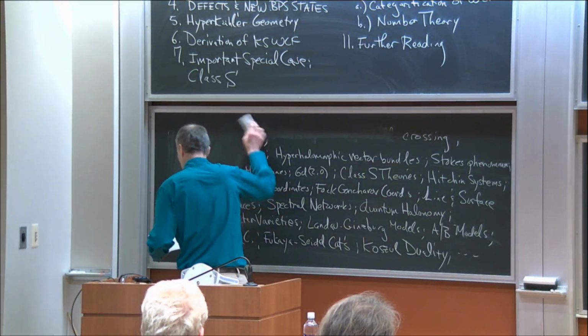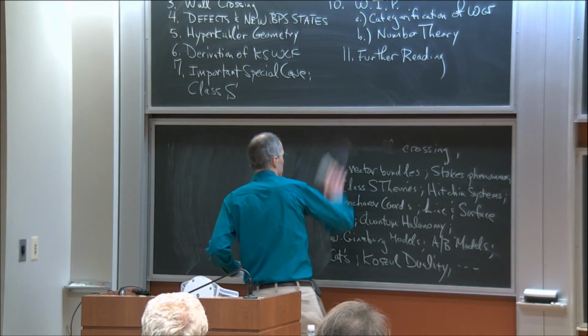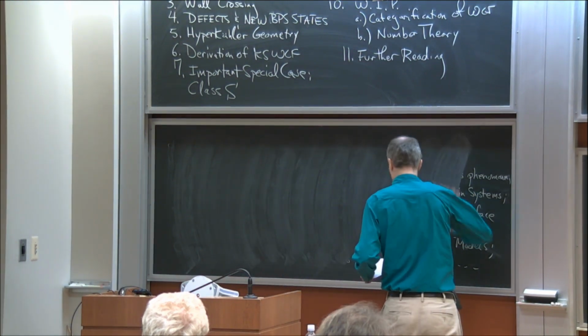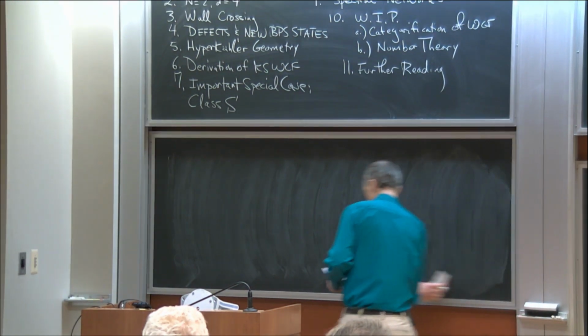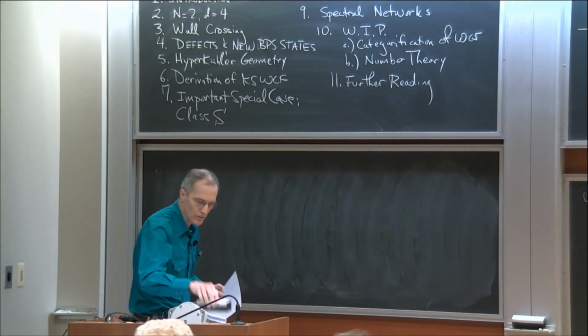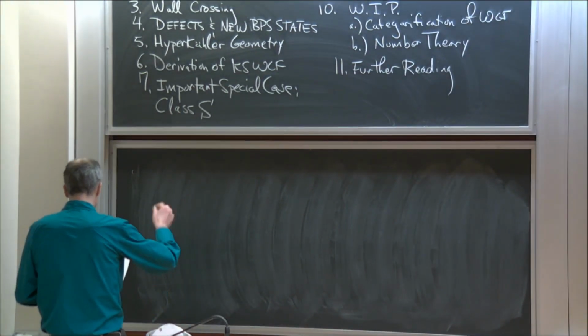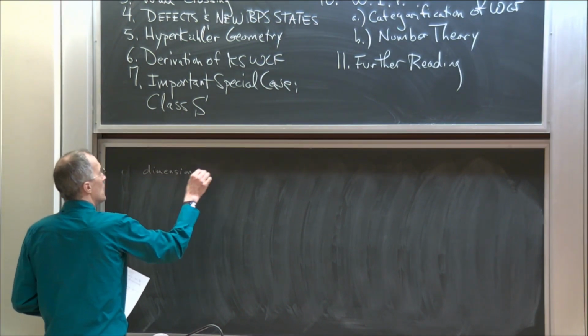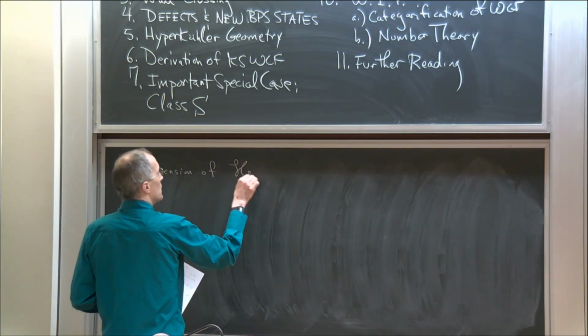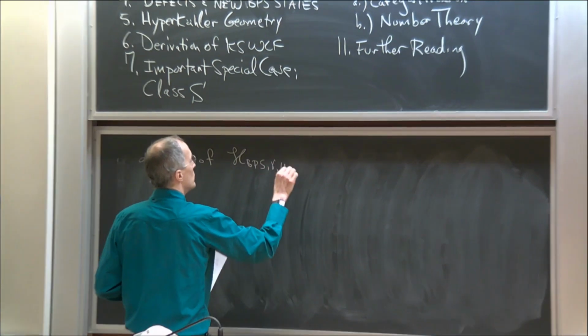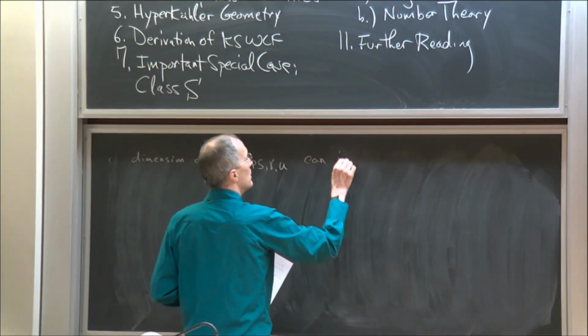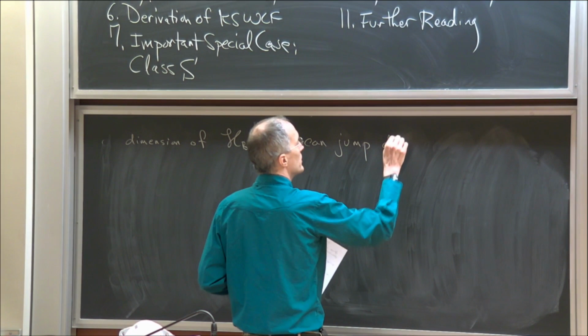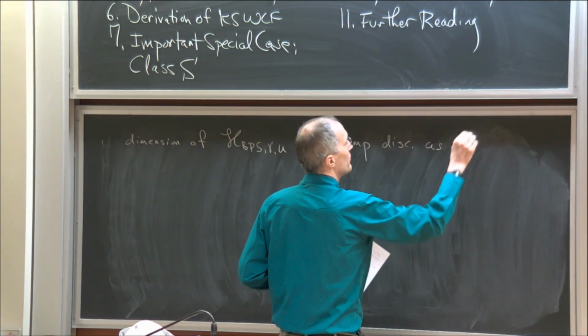So that brings me to the topic of Wallcrossing. Even the dimension of H BPS gamma u can jump discontinuously as a function of u.